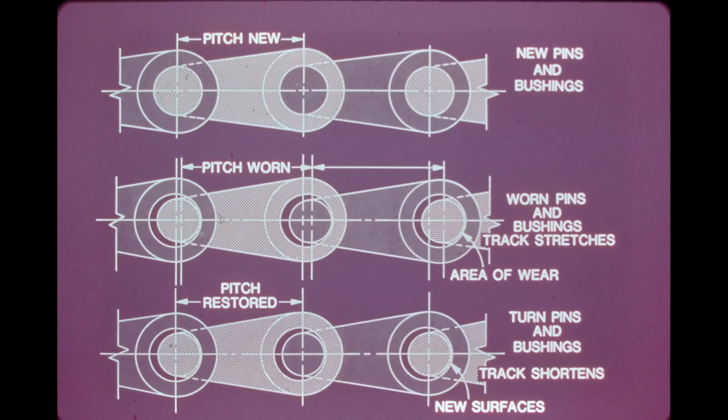As this wear occurs, the pin moves away from the left wall of the bushing. In the bottom chain, the pins and bushings have been turned. Because new surfaces are now at the working area, the pitch is restored to its original length and the track shortens. The gap between the pin and bushings on the left side is now the result of the wear in both parts.